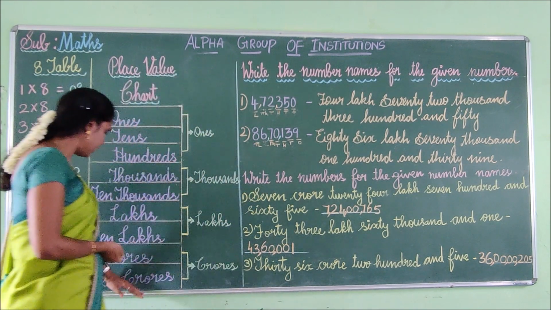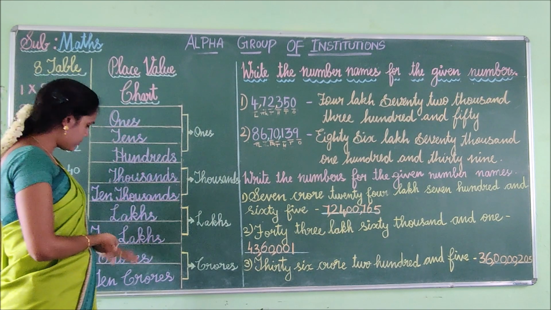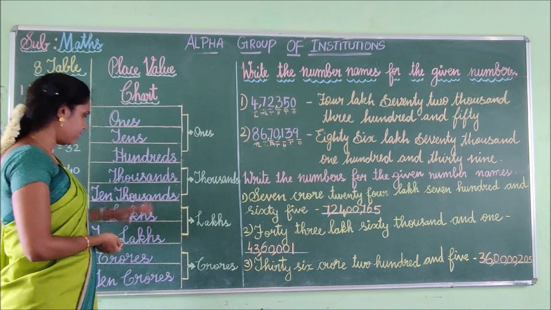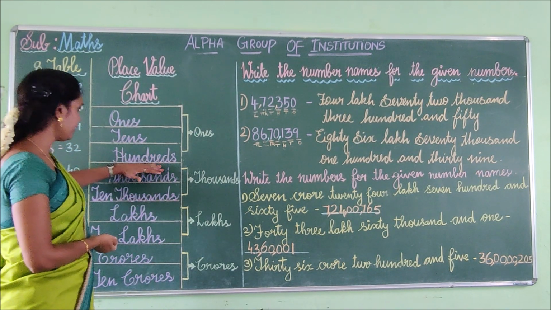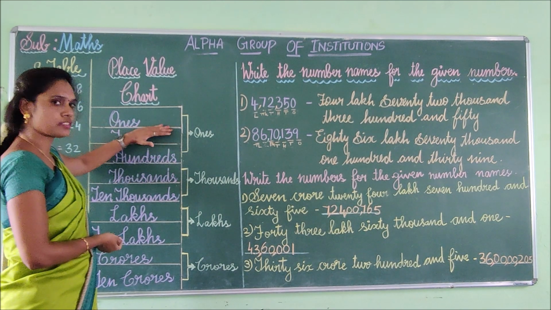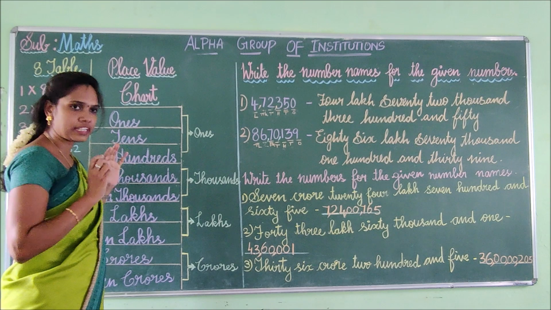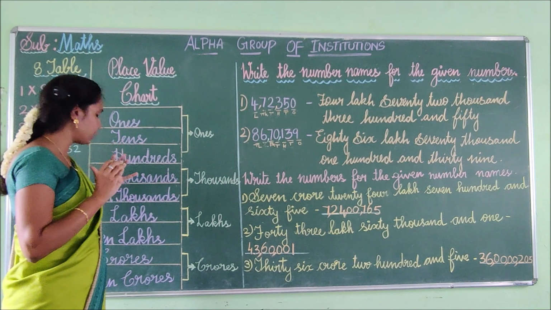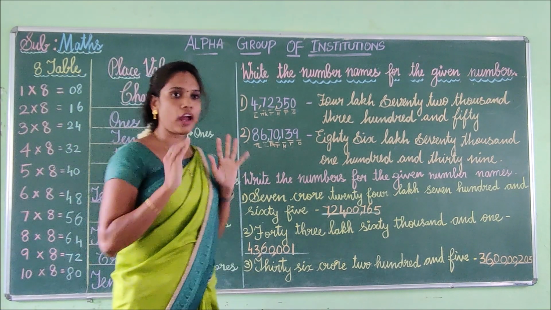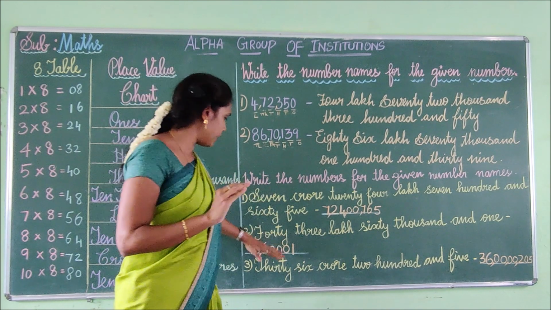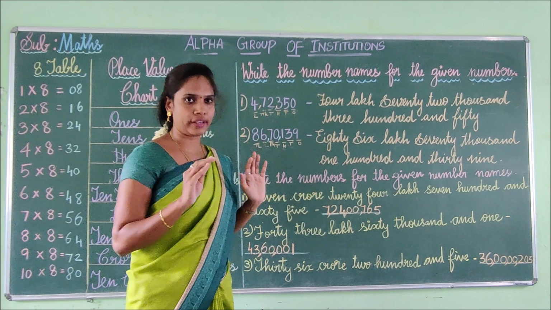It should be in the order: first crore, next lakh, next thousand, and then hundreds, tens, ones. The order should be like this. If any place is missing, instead of that you have to put 0 and fill it in. You cannot just leave the numbers out. That is wrong.